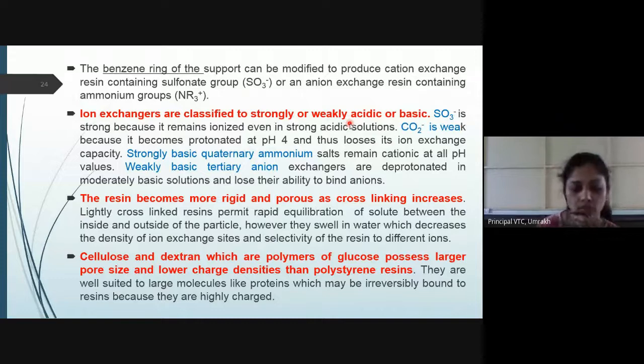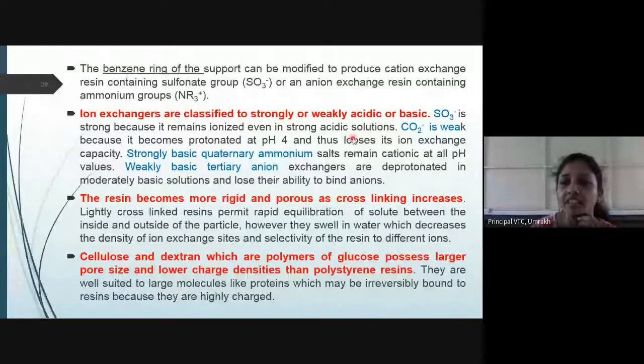That means an anion exchange resin can be a strong or weak anion exchanger, and a cation exchange resin can be a strong or weak cation exchanger. We will now go through examples of strong and weak cation and anion exchange resins.